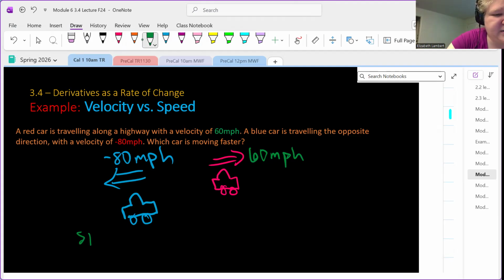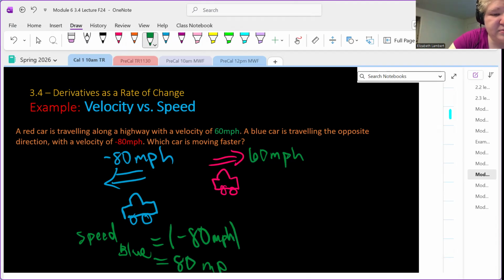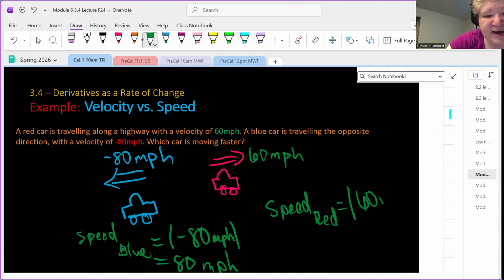My speed for the blue car is the absolute value of negative 80 miles per hour, so that is 80. My speed of the red car is the absolute value of 60 miles per hour, so that is only 60. So which car is moving faster? Blue.